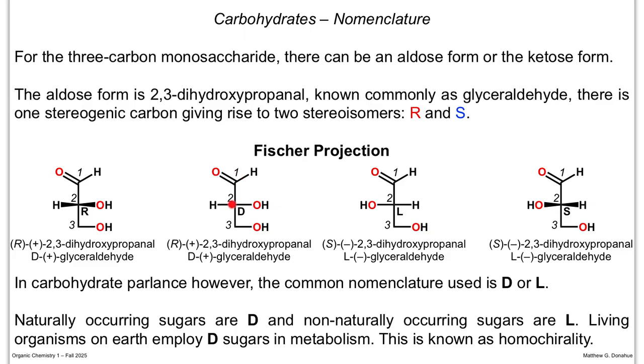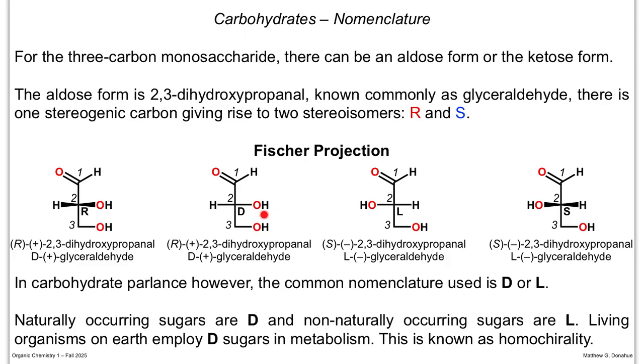It has 1, 2, 3 carbons in the backbone. There's only one horizontal line. So remember, a horizontal line is designated as a stereogenic carbon because you have the two groups coming out. And then again, this bond and that bond are going back because it's a tetrahedral carbon.